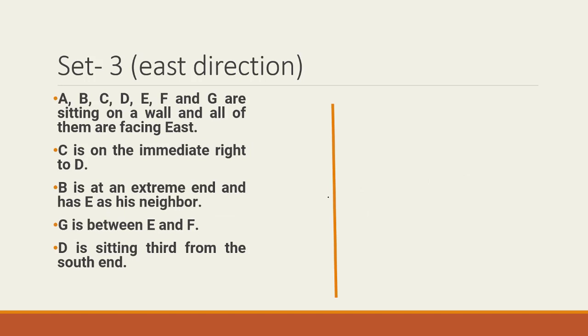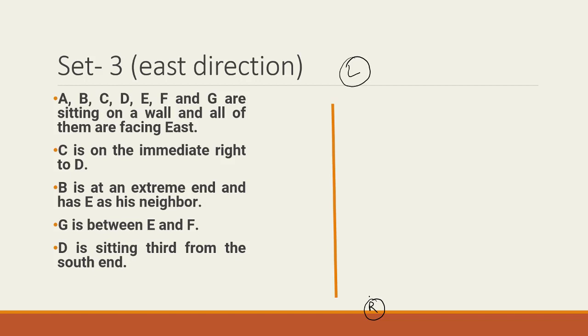Moving on to third set. Now in this set, there are 7 people sitting on a wall and they are facing east. So when they are facing east, the left would be up and right would be down. Now, how to begin the arrangement of question? C is on the immediate right of D, not a definite data.